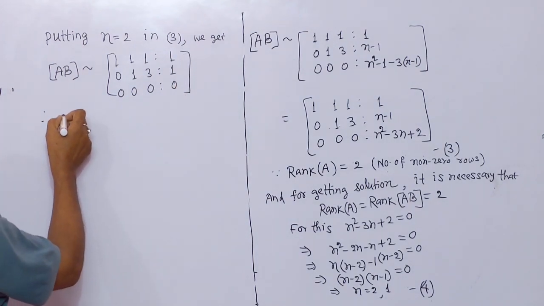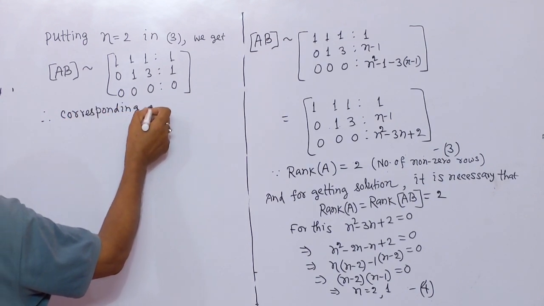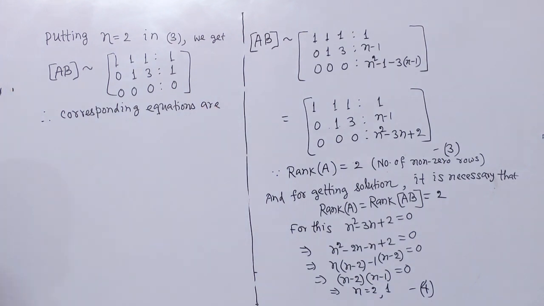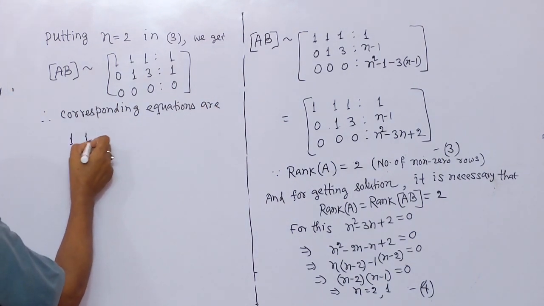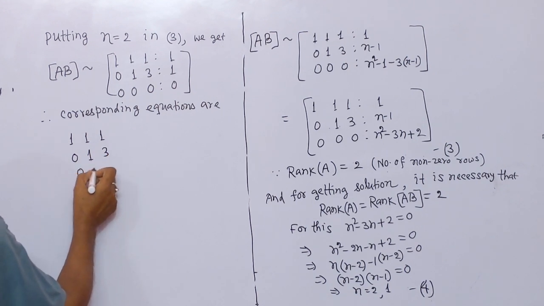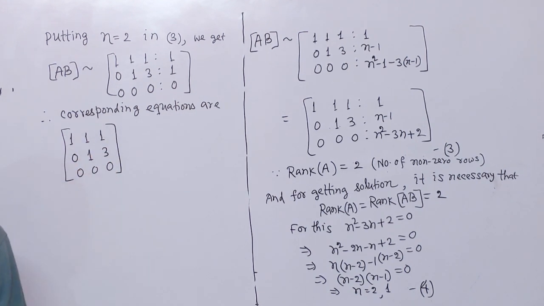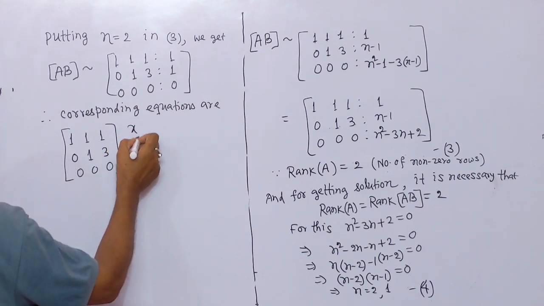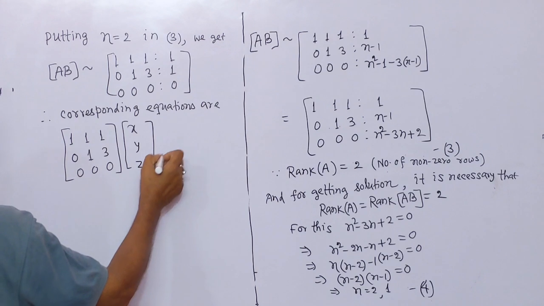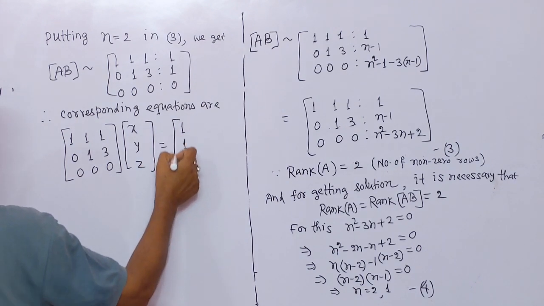Therefore the corresponding equations are, with the equivalent coefficient matrix 1, 1, 1, 0, 1, 3, 0, 0, 0, unknowns x, y, z and right side 1, 1, 0.